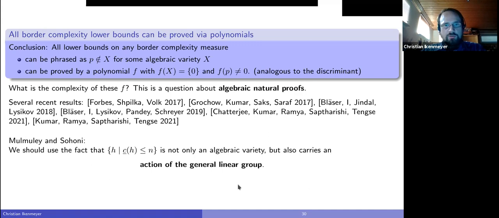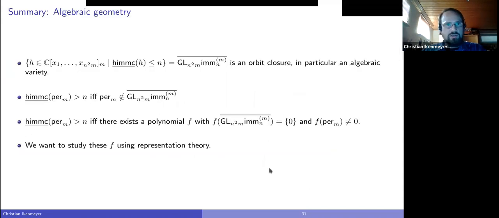I instead want to discuss that they have even more structure. Since it's an orbit closure, it actually has an action of the general linear group, and I want to discuss that. So the set that we want to understand is the set of border IMMC being bounded by n. That's an orbit closure, and a lower bound is always a point not in an orbit closure.